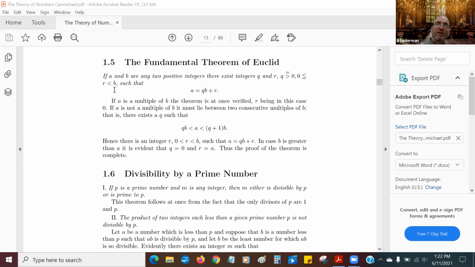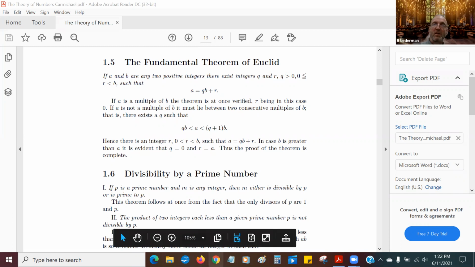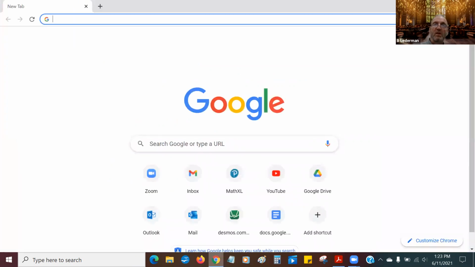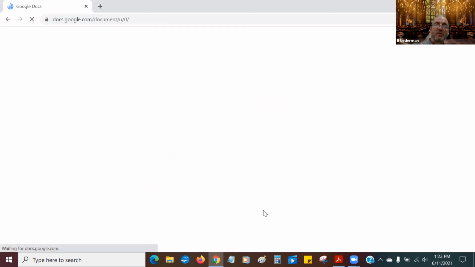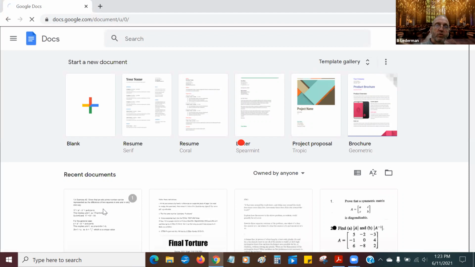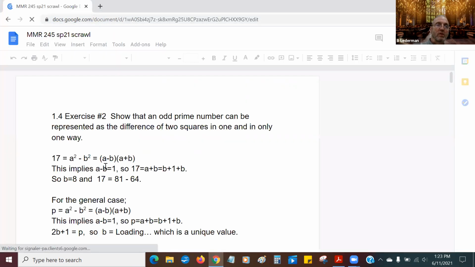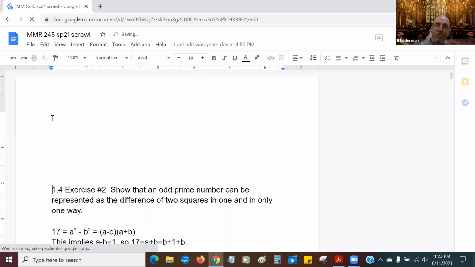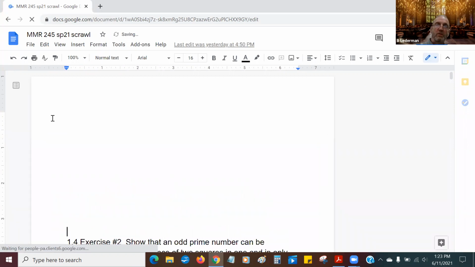So let's look at a very simple example. So if I have 17 divided by 4, let's say I have 17 and 4.